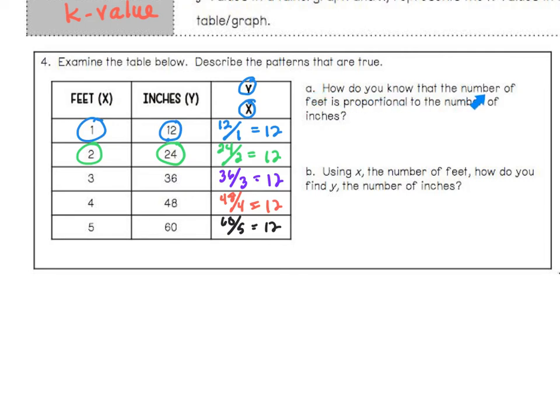A says, how do you know that the number of feet is proportional to the number of inches? Well, we know that the number of feet is proportional because all of the y x ratios equal the same number.